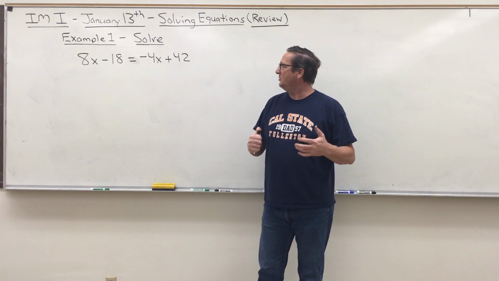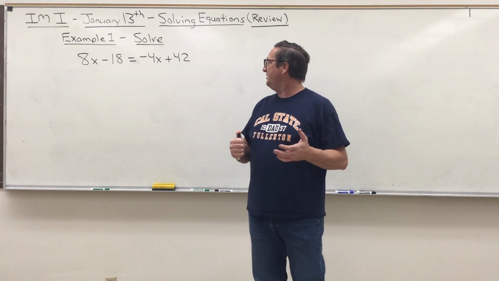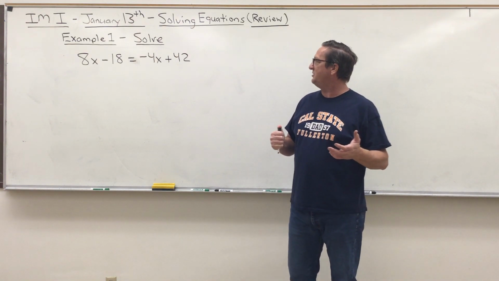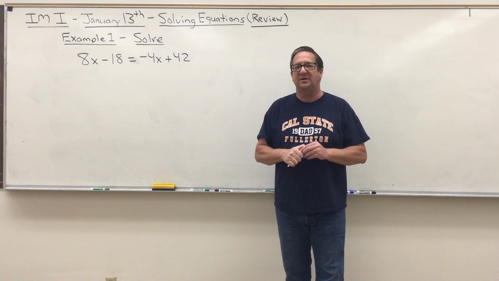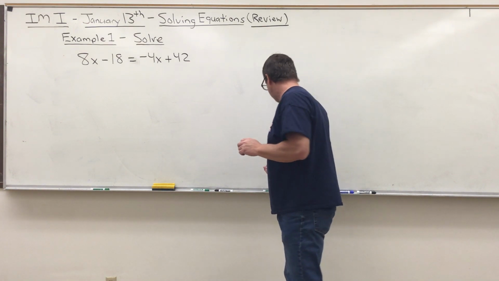So let's do 8x minus 18 equals negative 4x plus 42. We want to solve for x. Okay, so we're going to go ahead and solve for x.